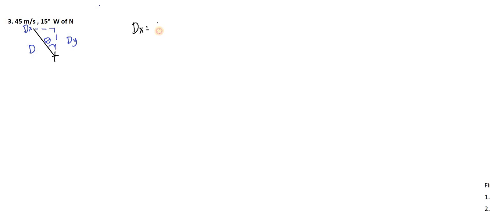Okay, so simulan natin na dahil opposite side siya, we can solve that using d sub x is equal to d sine of theta. And your d sub y will be the cosine theta. D sub y is equal to d cosine of theta. Kasi nga, ito yung opposite side. So, that will be 45 meter per second multiplied by sine of 15.